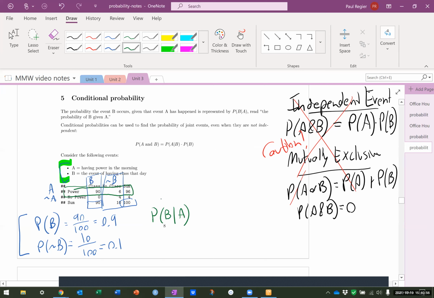Okay, this is read probability of B given A. And in that case, we look at this situation where we know A has occurred. Suppose there is power. Probability of B given A is going to be 90 times we had class when there was power, out of a total of 96 times there was power.